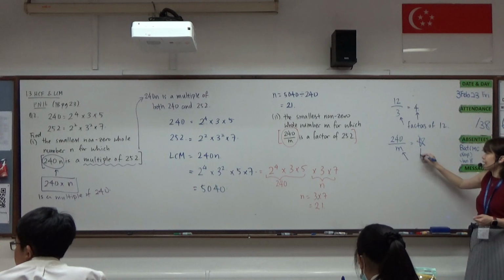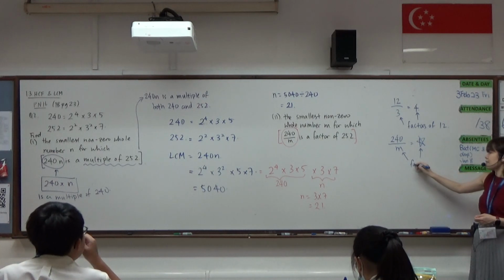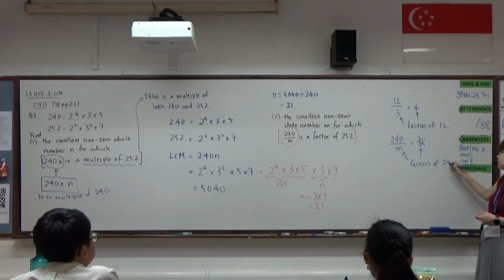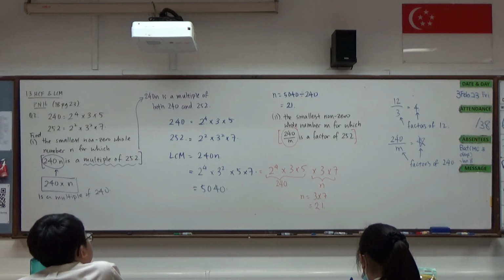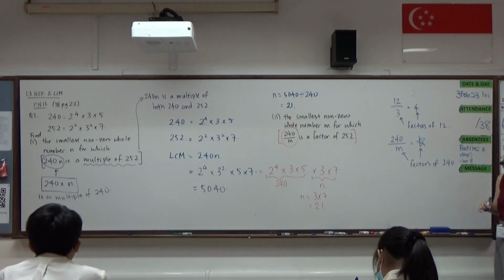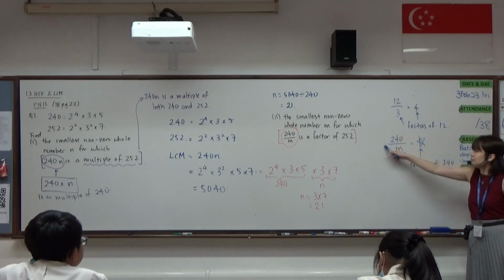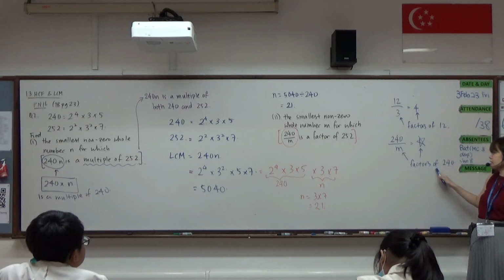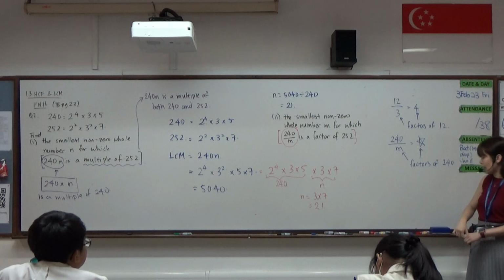This number, m, and this star over here must be factors of 240. Agree? So 240 over m as a number is going to be a factor of 240.